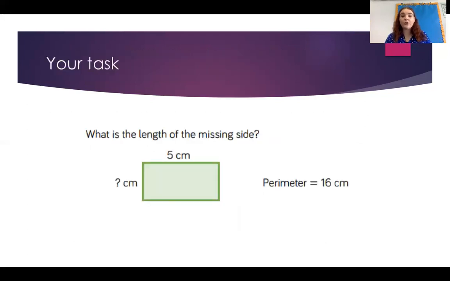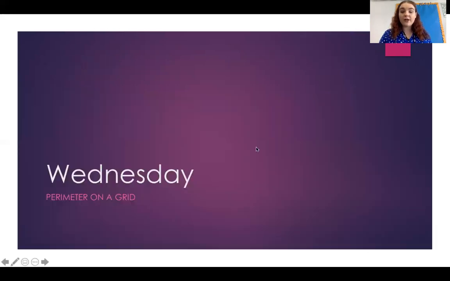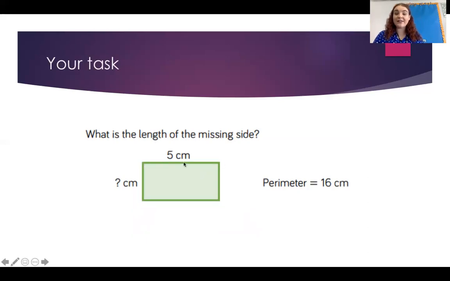Now, your task, which I would like you to do, is work out the length of the missing side, okay? What it's given you is the long side, which is 5 centimetres. I'm going to give you a clue. If this side is 5 centimetres, this side is also 5 centimetres. They've also given you another clue.